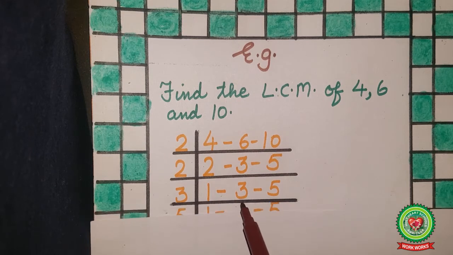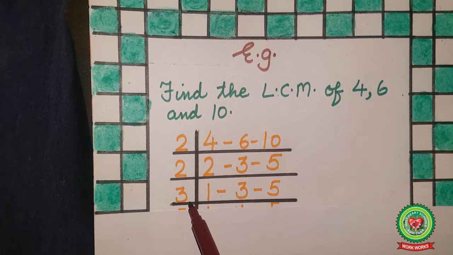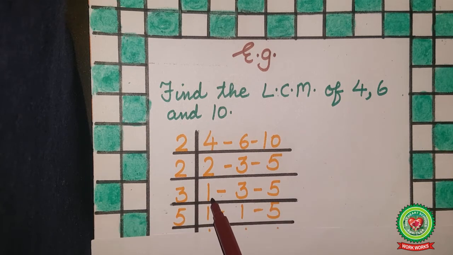Now 3 is a prime number. So divide 3 by 3. On 3 table 3 comes on 1. Now below 3 write down 1. On 3 table 3 comes on 1. So below 3, 1 will come. On 3 table 5 doesn't come.